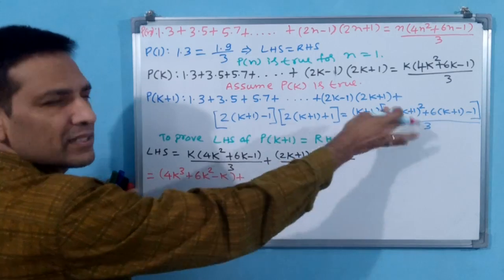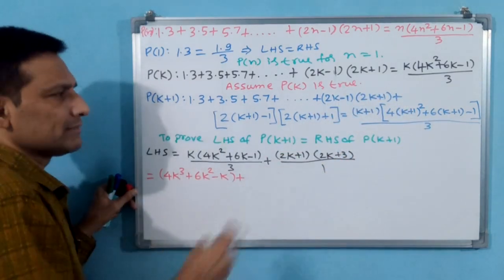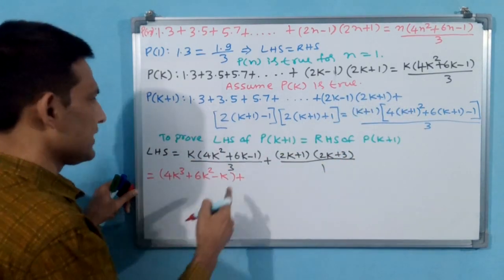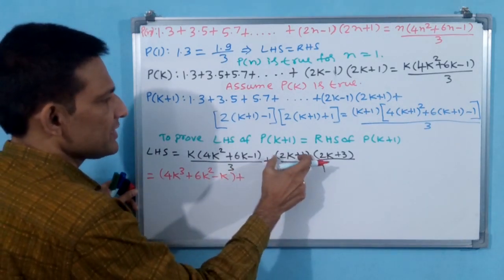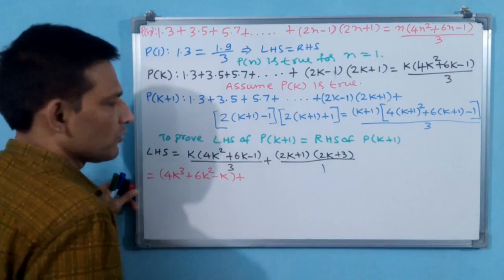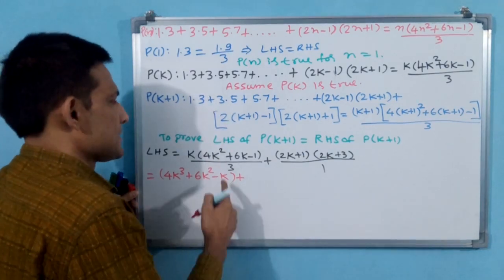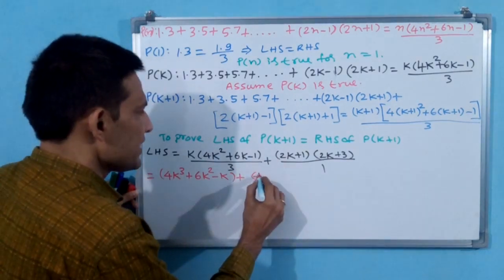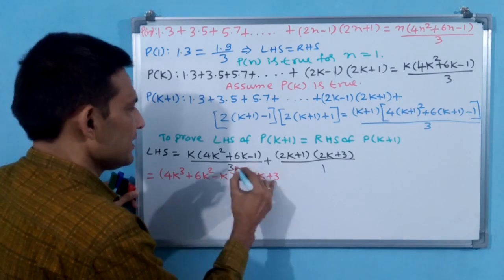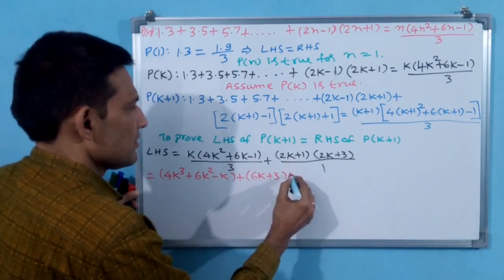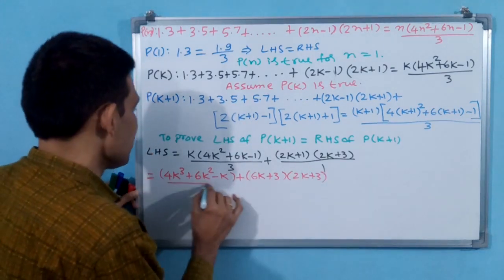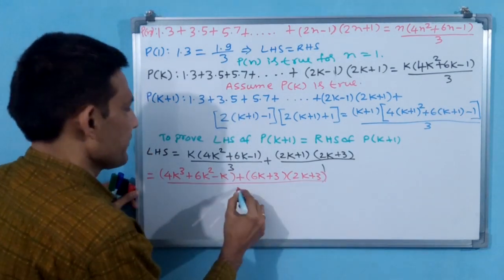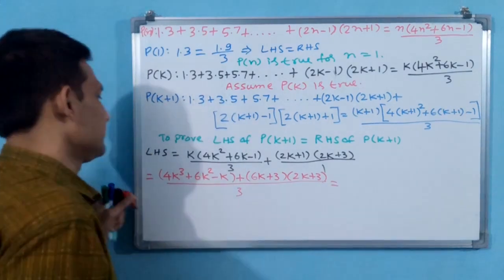This also we have to expand, or else you are not going to get the final answer. 3 into 2, 6k plus 3 into 2k plus 3, divided by 3.